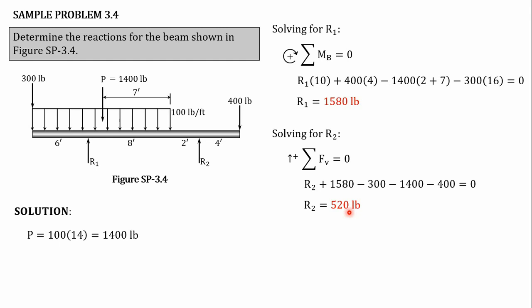Okay, by the way, class, R2 can be solved by moment. We can solve R2 by summation of moment at this point, or summation of moment at A, because we assumed that this point is A and this is B. So let's check, class, whether when we take moment at point A, the R2 we solve is equal to 520 pounds.